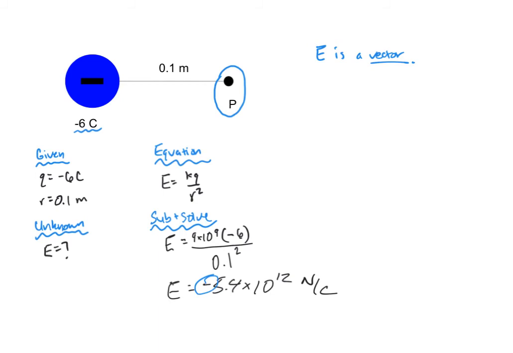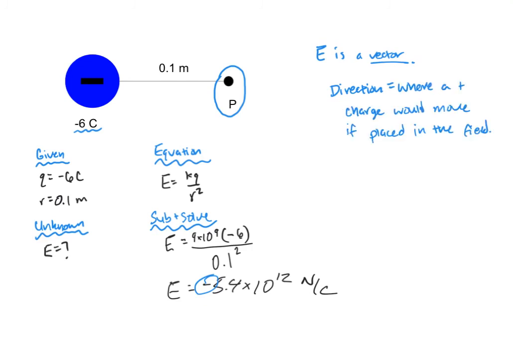But things are a little bit more complicated with electric fields than they are with gravitational fields, because when we talk about direction for an electric field, we are talking about the direction a positive charge would move if it was placed in the field.